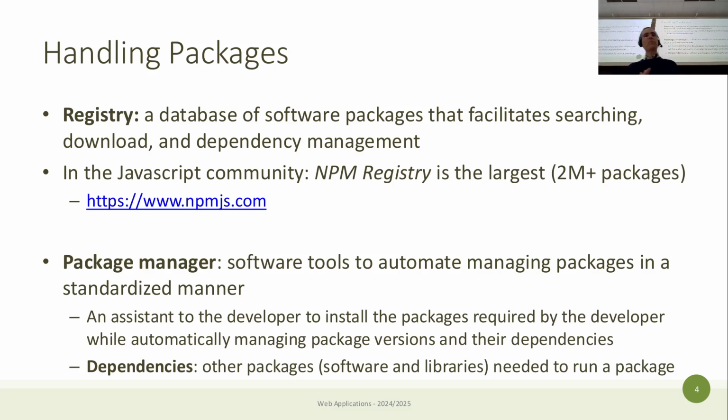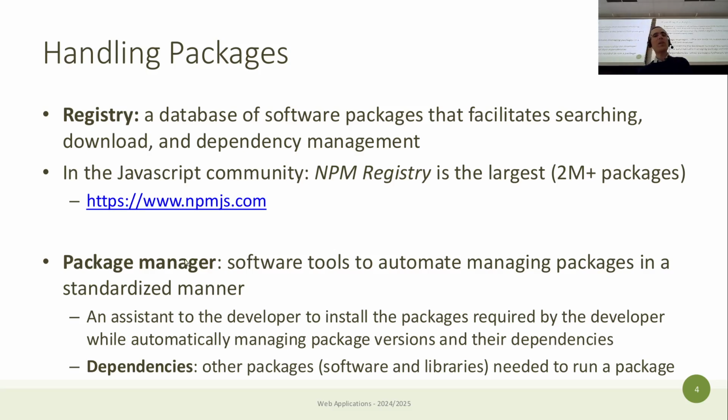Okay? And to do this, especially for downloading the packages, there should be a place where I can go and download the stuff. Okay? And this place is a registry. So it's a sort of database, a list of software packages which are available. They have a title, a description, and a URL from which you can download the actual code.